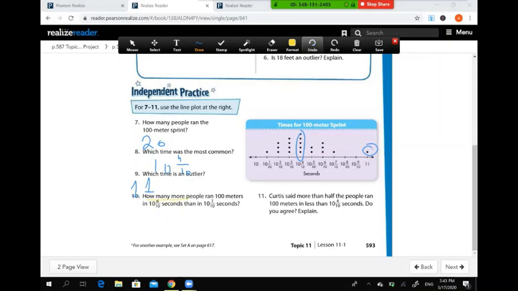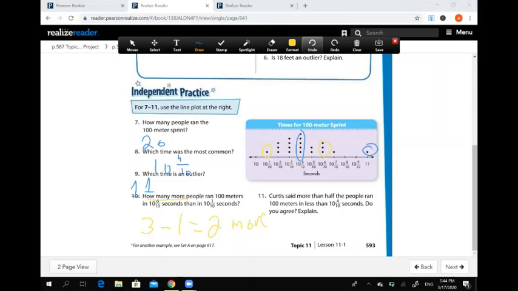How many more means minus. How many more people ran 100 meters in 10 6 over 10? At 10 6 over 10, I have 3. Then at 10 1 over 10 seconds, I have 1. So 3 minus 1 equals 2 more people.